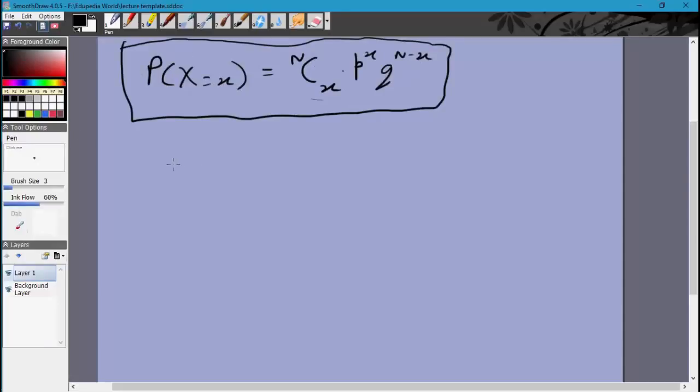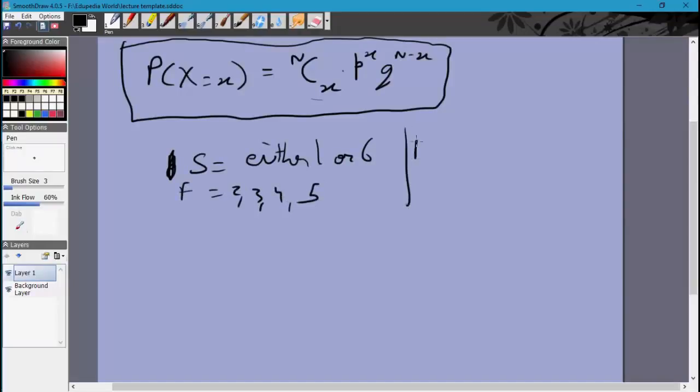So let's just take one quick example. You have 10 dice and you throw them together. Let's say you define the success to be either 1 or 6, and failure is 2, 3, 4 or 5. In that case, what is the probability of success? It is 1 by 3. What is the probability of failure?